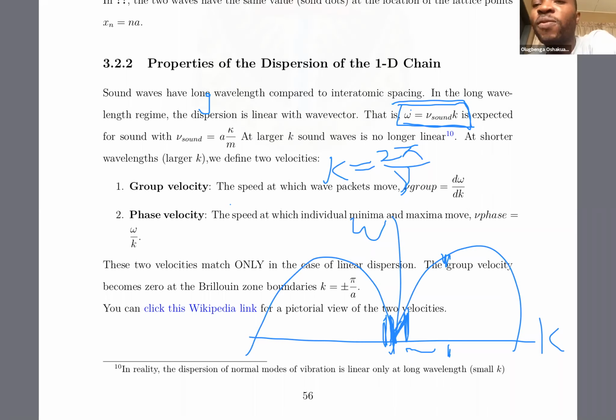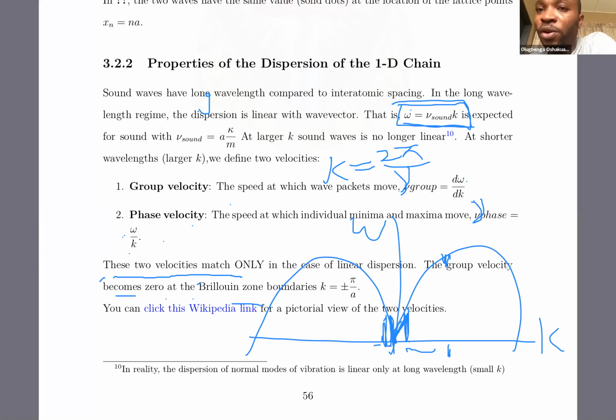We also have what we call phase velocity, which is the speed at which individual minima and maxima move, v subscript phase, and it's omega over k. These two velocities match only in the case of linear dispersion, so that is, they match only at small k. The group velocity becomes 0 at the Brillouin zone.